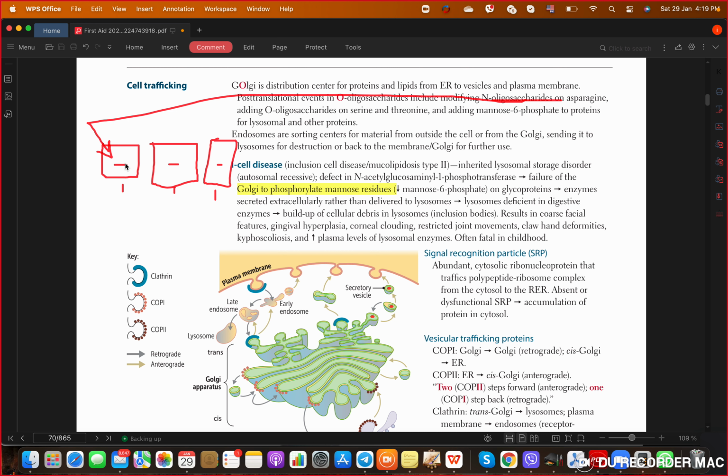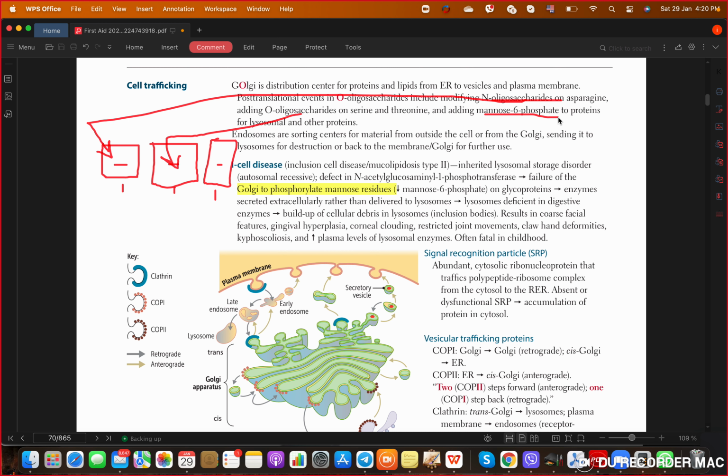Also, if I take the O-oligosaccharide and bind it to serine or threonine, which are again amino acids, in box 2, it will be sent to California. If I have the third box, and I put on it the mannose 6-phosphate, okay?